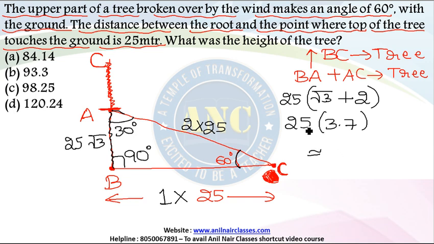Approximately, 25 into 4 is 100, but it is not 4, it is 3.7. The answer should be slightly less than 100, but it is not 98.25 when you calculate. It is 93.3. The answer for this question is 93.3. I hope this cutting down of a tree problem is very clear for my students.